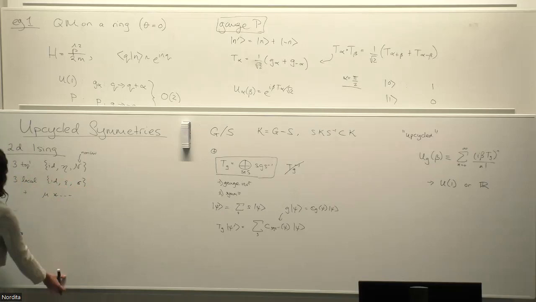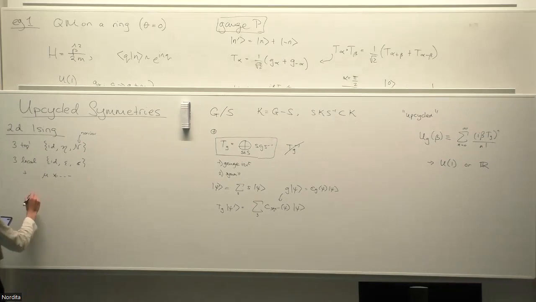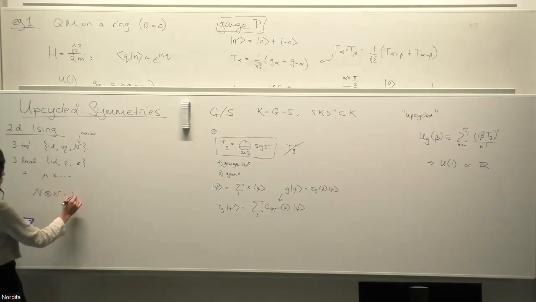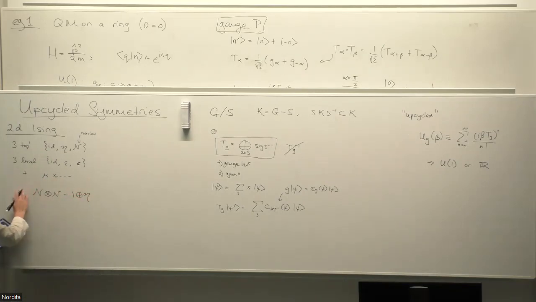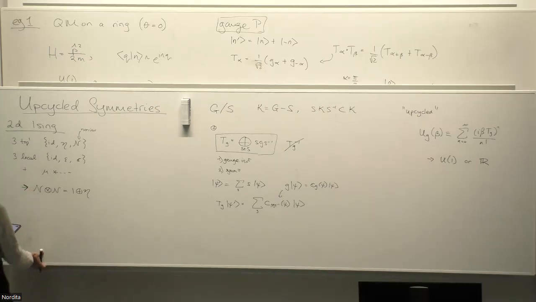The fusion rules, famously, the relevant one is that you compose N with itself, and these are all ostensibly self-dual, non-oriented. You get 1 plus eta, and this is the non-invertible part of the theory. So this is the guy we're going to upcycle.